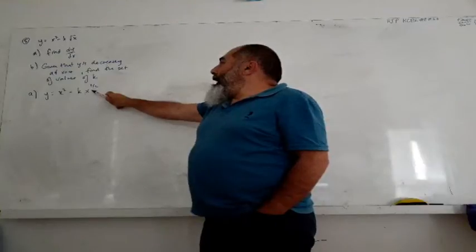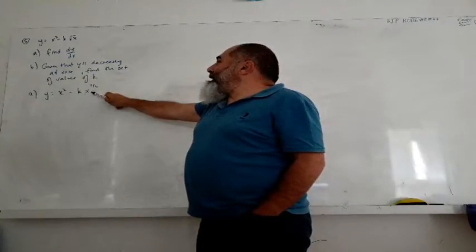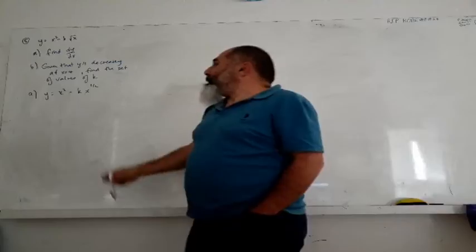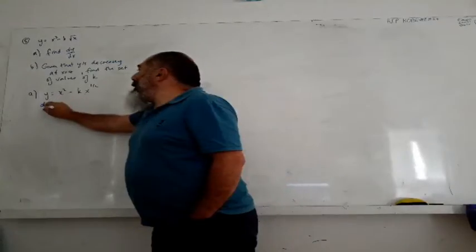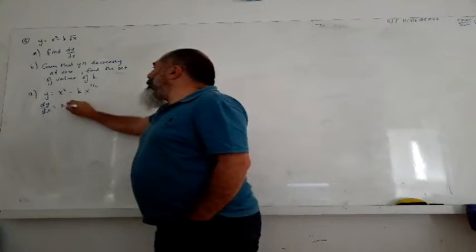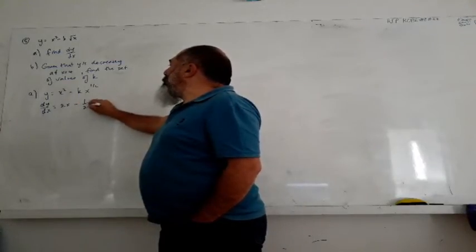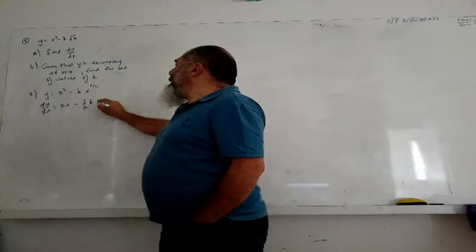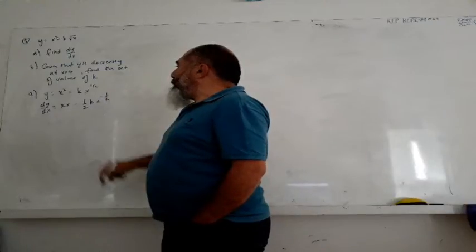Then dy over dx is going to be 2x minus 1 over 2 k x to the power of minus 1 over 2. Multiply with the coefficient, subtract 1 from the power. And this is the answer for part A.